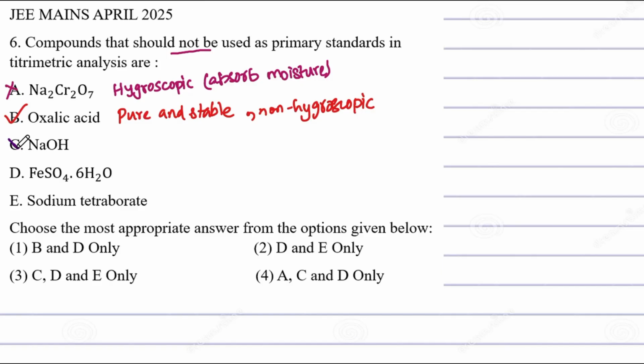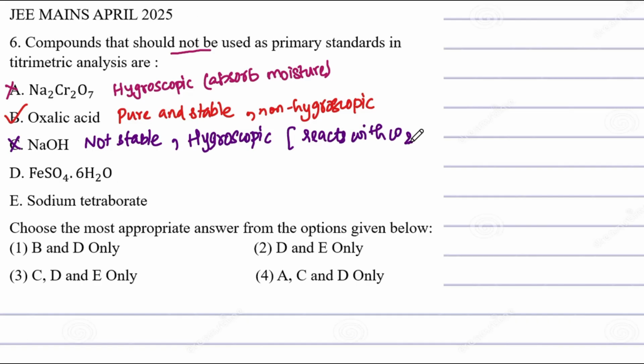Sodium hydroxide also cannot be used as a primary standard because it is not stable. It is hygroscopic, and it reacts with CO2 present in air. So it is not considered a primary standard, it is considered a secondary standard.